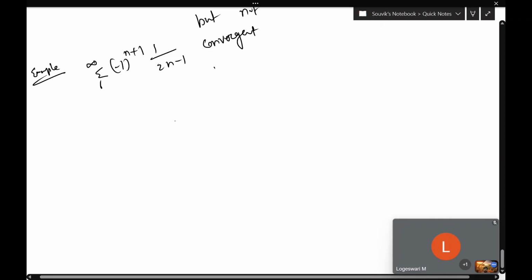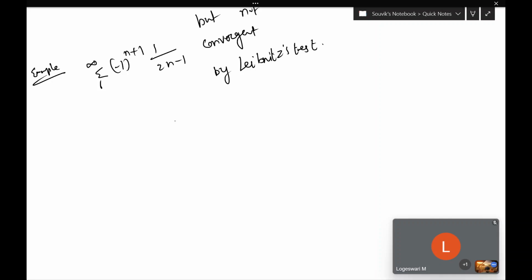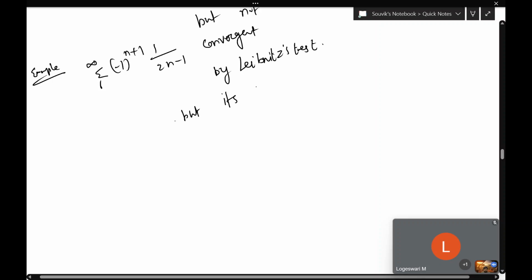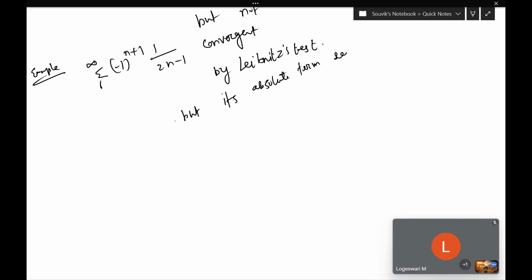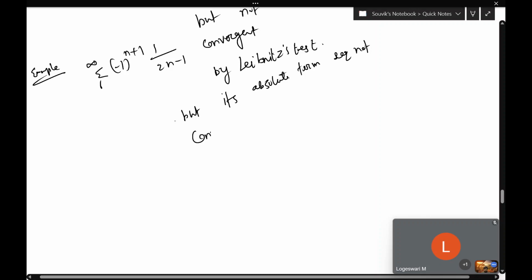This series is convergent by the Leibniz test, but its absolute term series is not convergent. Hence it is conditionally convergent.